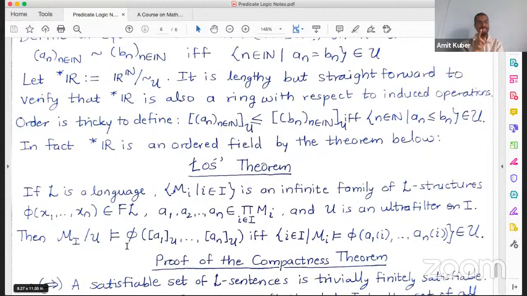So a first-order statement is true in the reals if and only if it is true in the hyperreals. This is what Łoś's theorem gives us. Even though it looks like an L, it is the Polish letter Ł, so we pronounce it as W, and this is Sh. So Łoś's theorem.